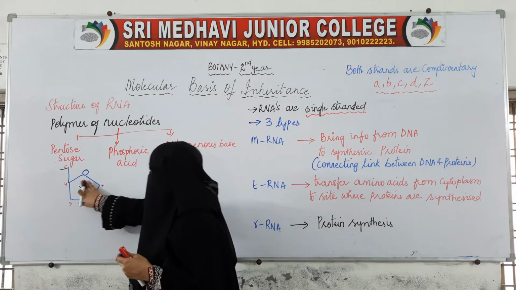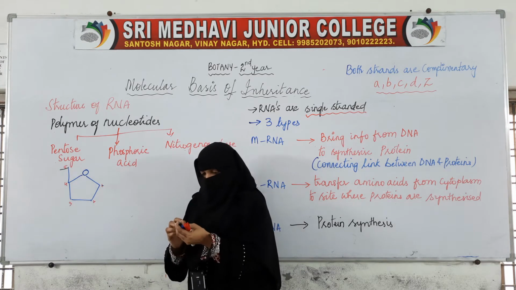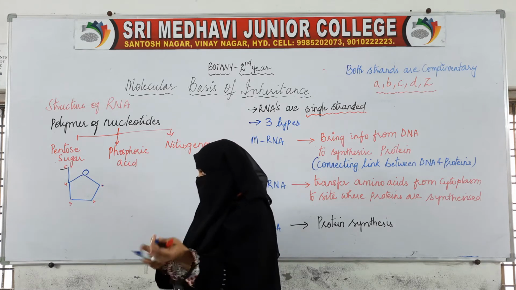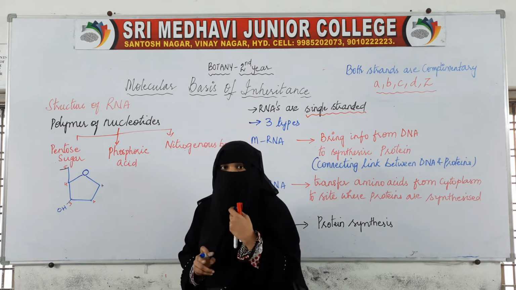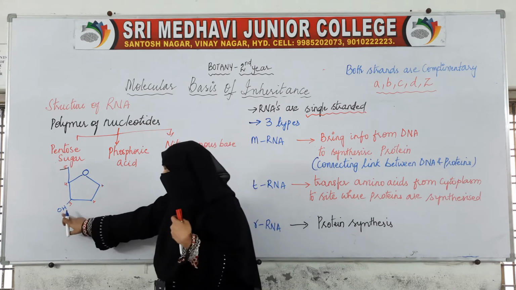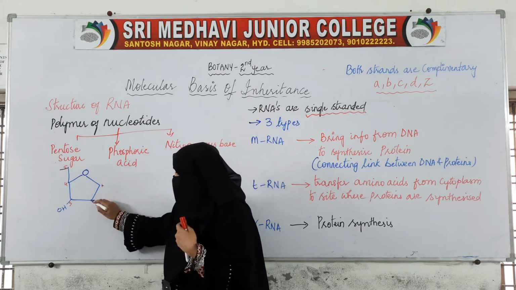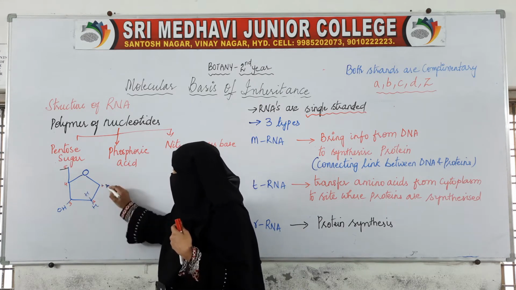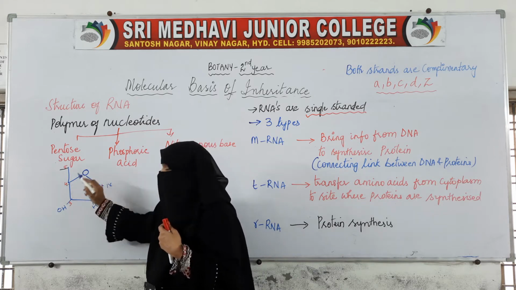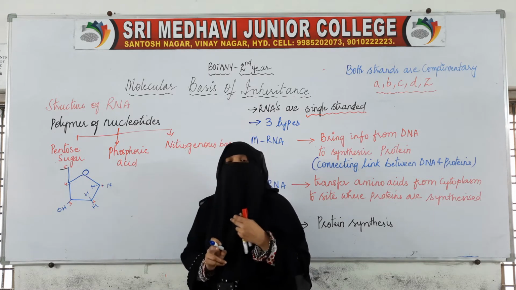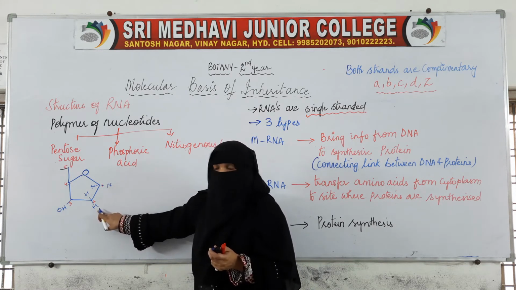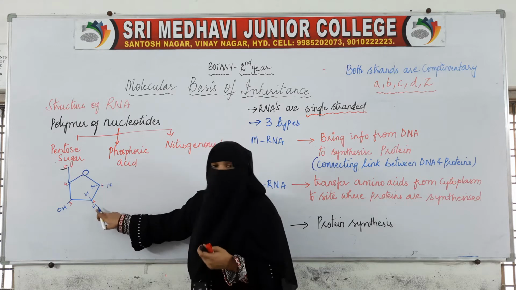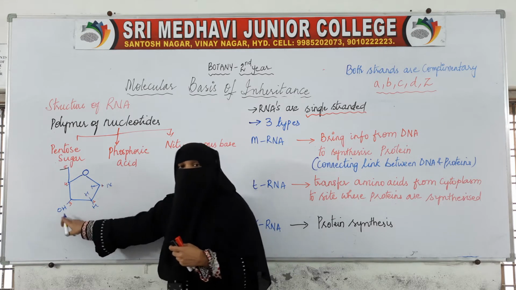Now coming to this pentose sugar, we will take up the rest a little later on. In DNA we have seen that at the third carbon we have an OH group, in deoxyribose sugar, and all the others are H. But in ribose, the only difference is that in DNA, deoxyribose sugar, there was hydrogen and only one OH group.